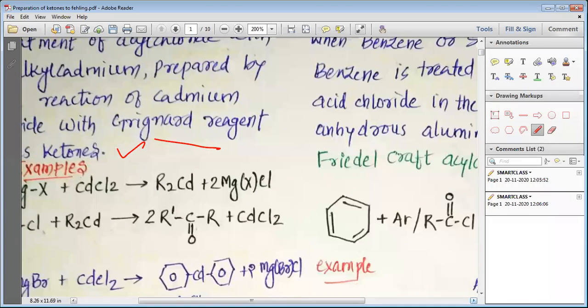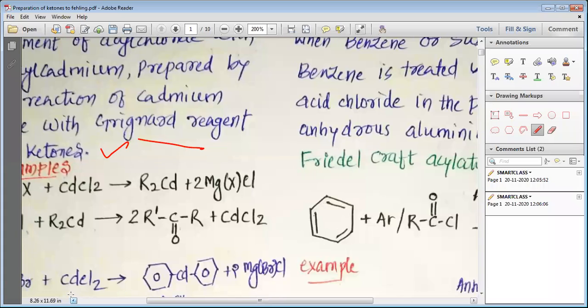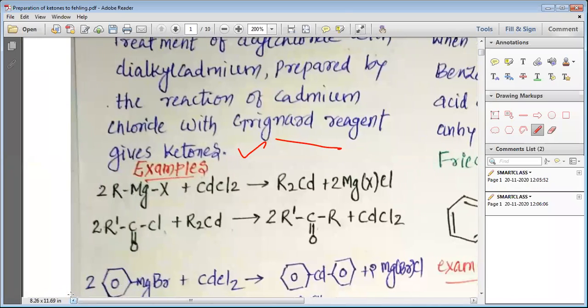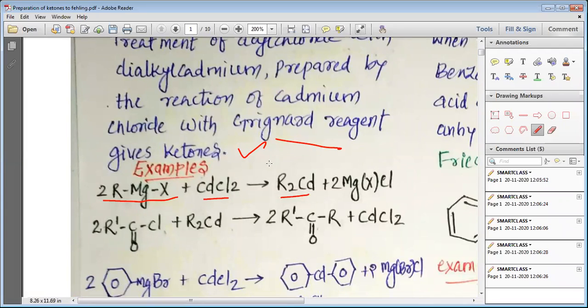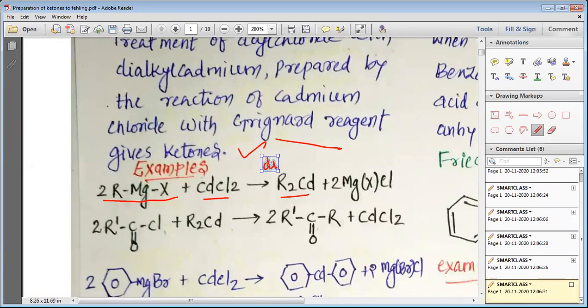Let's just see the reaction steps. Here in this particular reaction, you can see that we have a Grignard reagent RMgX, which is allowed to react with the cadmium chloride. So we can get dialkyl cadmium.